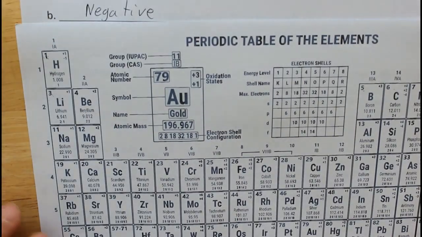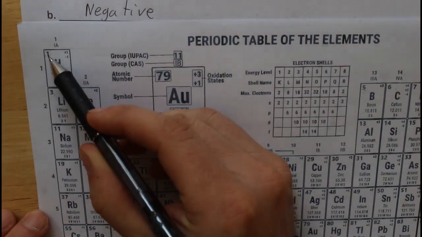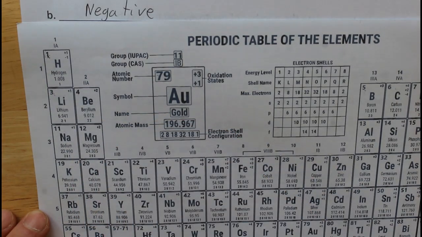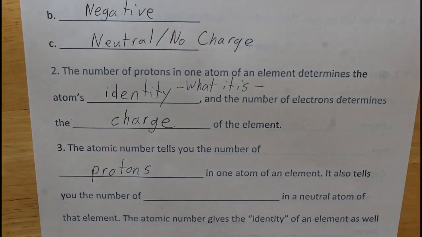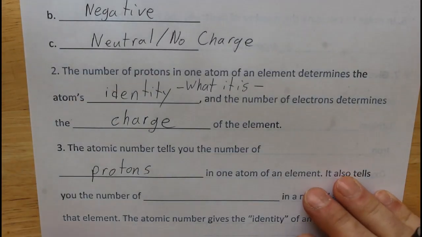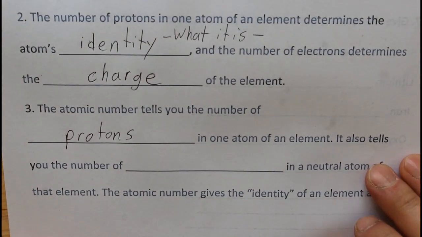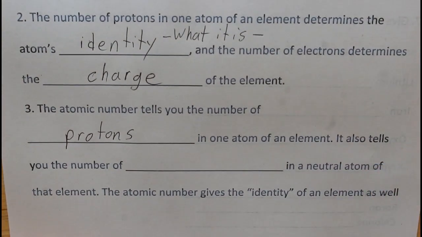You can see on here, hydrogen, we have 1, so that's its atomic number, and how many protons there are. It's both. So the atomic number tells you the number of protons in one atom of an element.